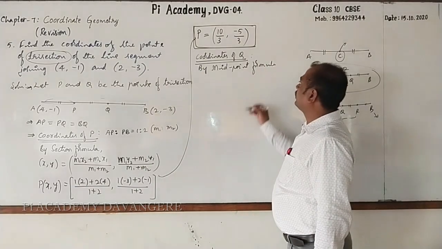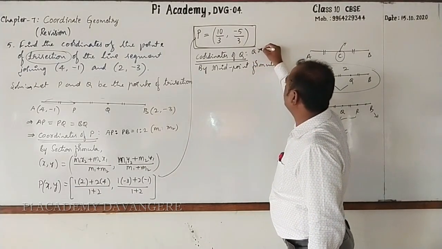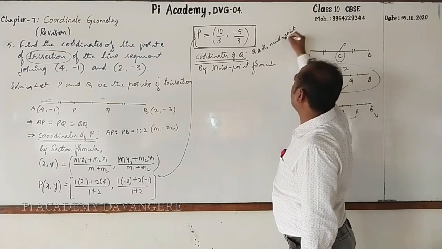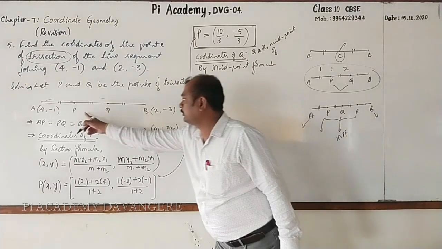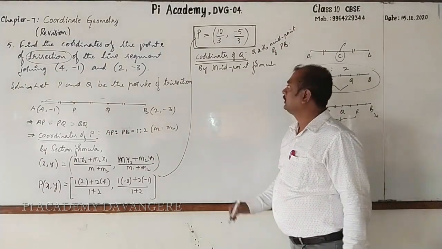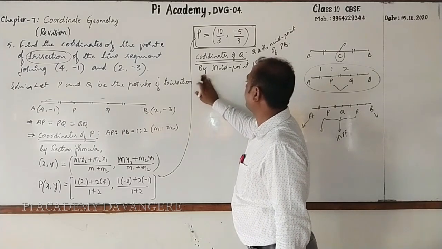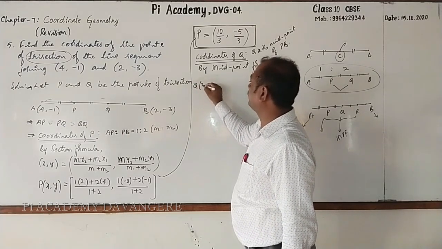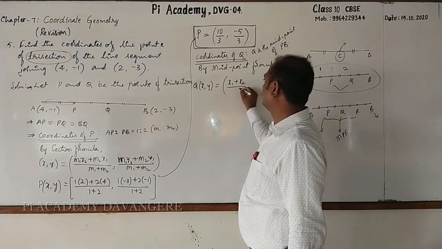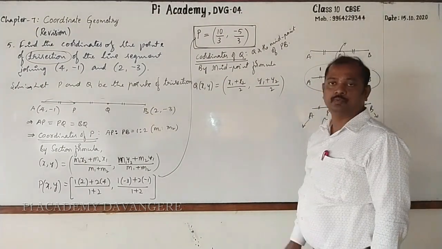Midpoint formula, coordinates of Q. Here I'll write Q is the midpoint of PB. Then I'll write x1 plus x2. Midpoint Q of x comma y is equal to x1 plus x2 by 2, then y1 plus y2 by 2.